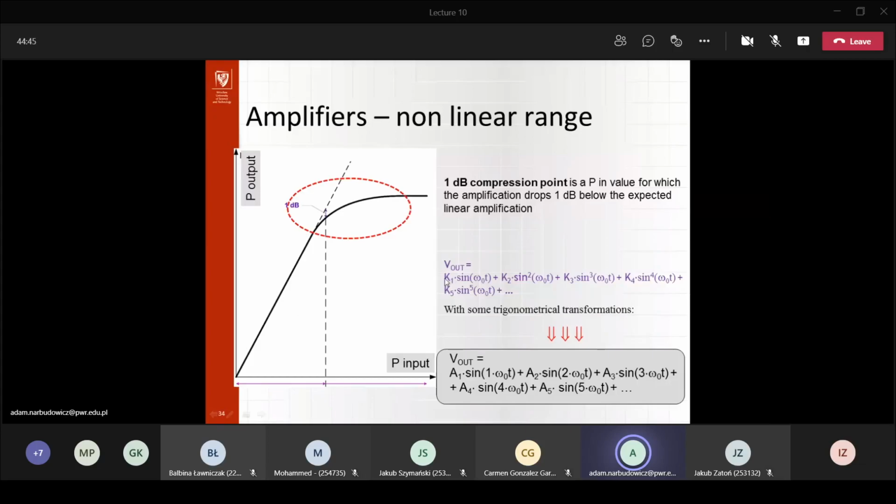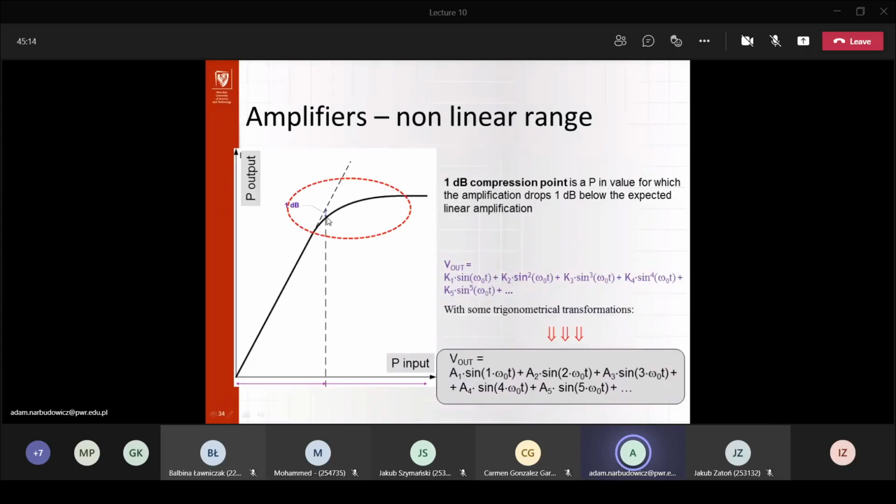Now, from the parameters or catalog data of amplifiers, you will very often see what is called the 1 decibel compression point. This is the value of the input power for which your amplification will drop 1 decibel lower than what you would expect from the idealized linear curve.